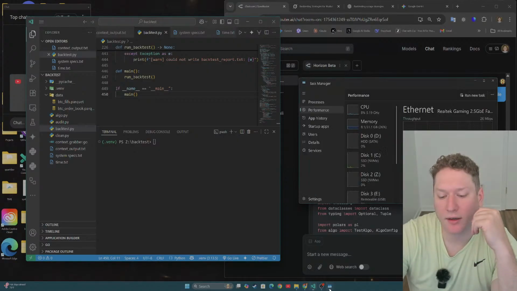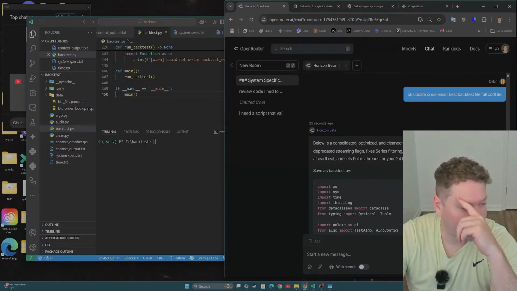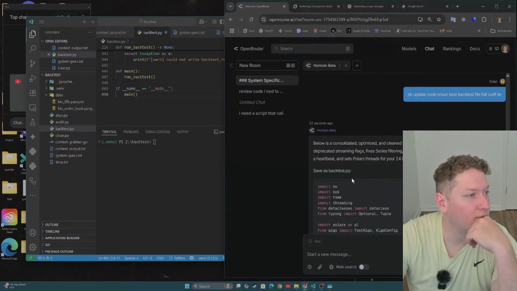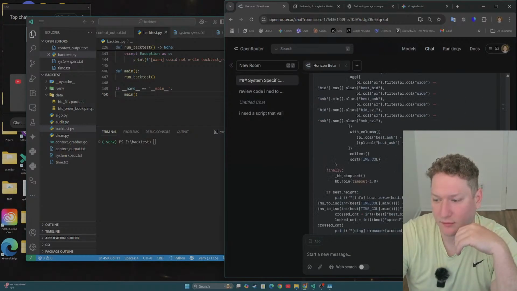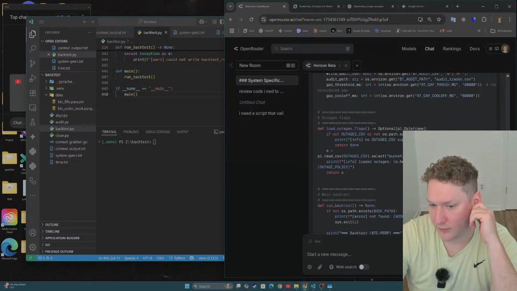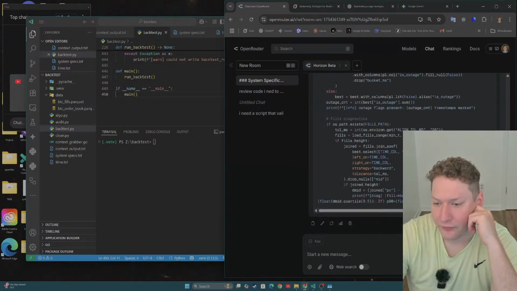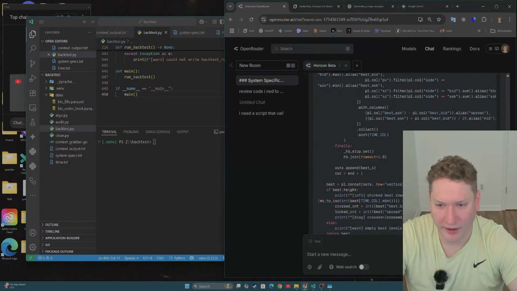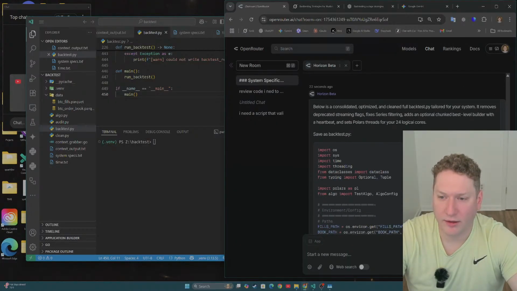All right, we're gonna use max cores. I don't know if that's the best idea, but we'll see. Okay, main backtest. Okay, we're getting a robust backtest file here. And we are going to run.